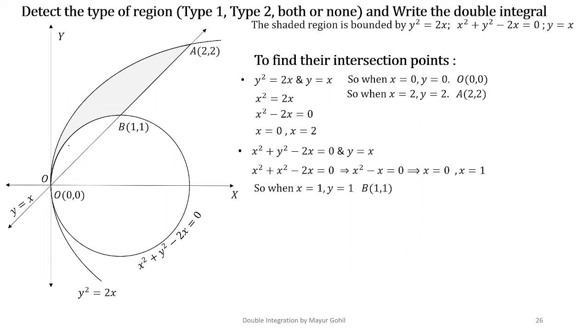Just draw the vertical straight line passing across the region. I have drawn here this purple line. What I can see, it first enters at the circle and exits at the parabola. Again, when I draw this line over here, I see it enters at the straight line and exits at the parabola.